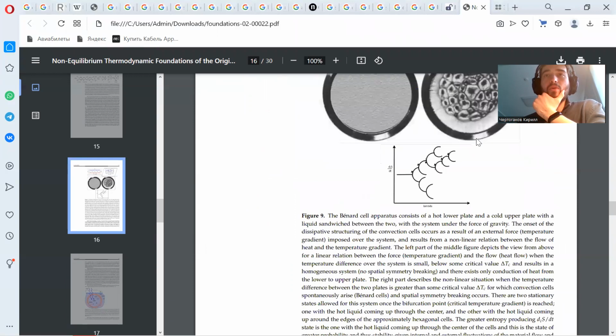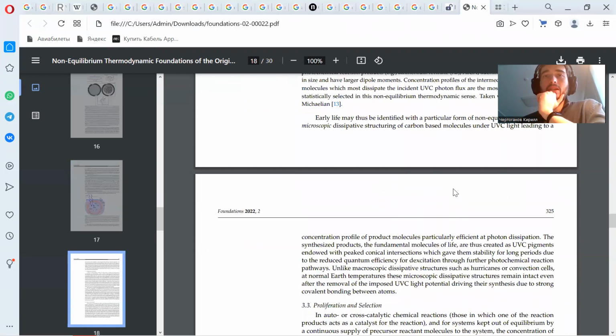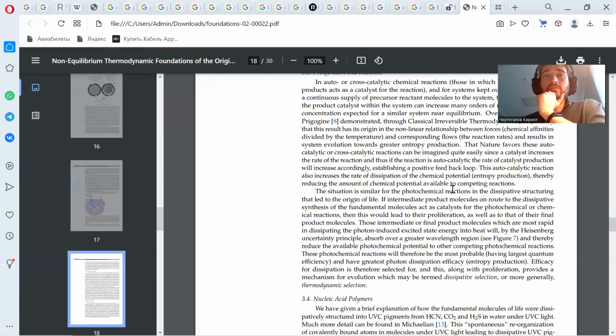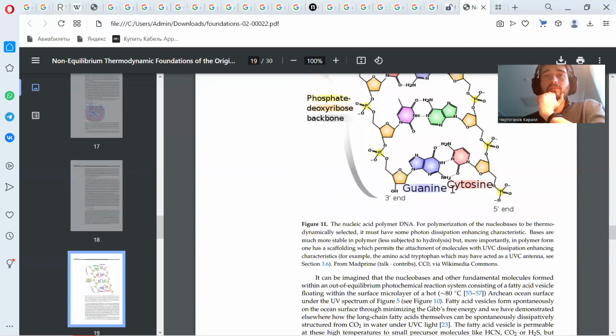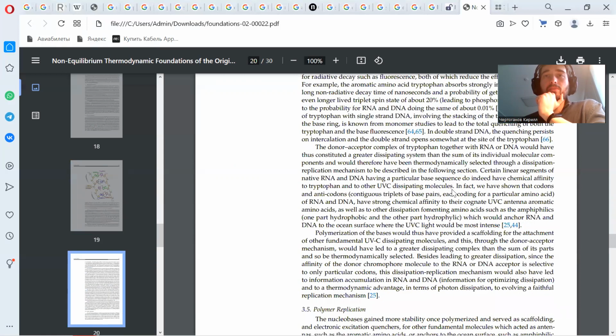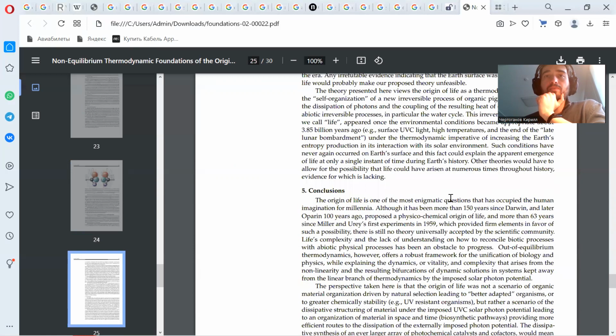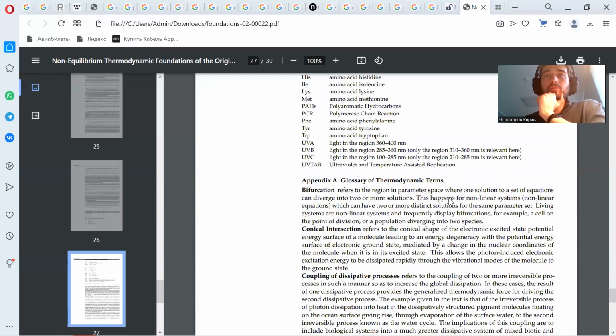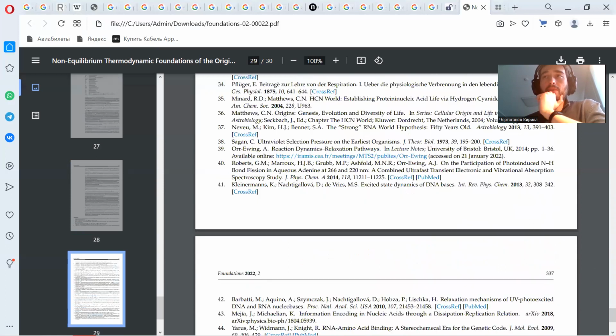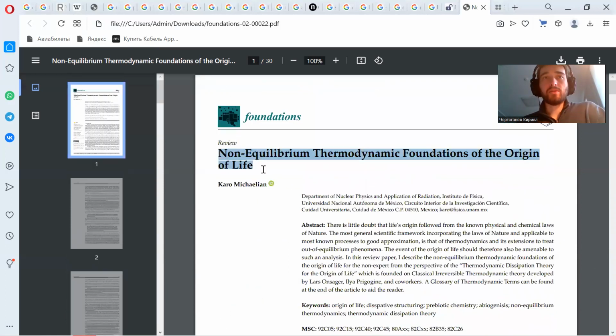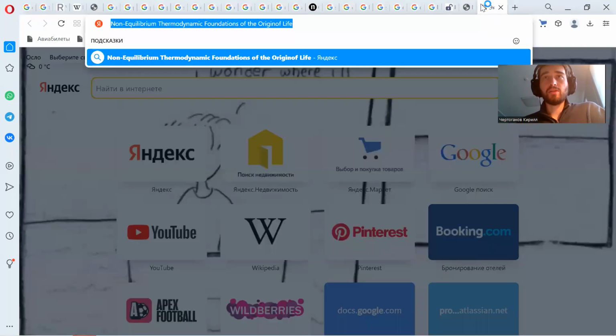And crystals grow in biochemistry. So I would like to save this article. It is very interesting. We can save it for the future.